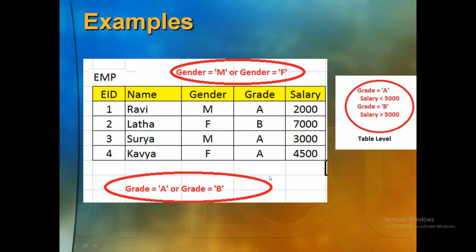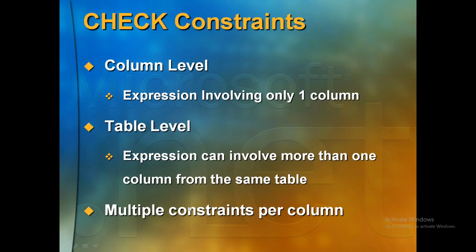This is table level, and these are column level. So salary greater than zero is column level, right? You can have column level and table level check constraints, and multiple constraints per table. Whenever you insert data, SQL Server verifies them one by one. That's what you need to understand.